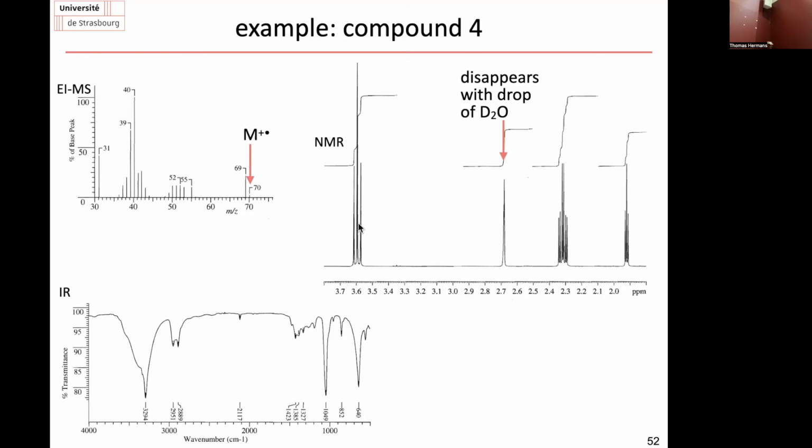The alcohol exchanges with water and makes OD. OD doesn't show up in the NMR because it's deuterium, not hydrogen. So that peak disappears. Based on this infrared and this peak, we can definitely say there's an alcohol in our molecule. What else can we say?